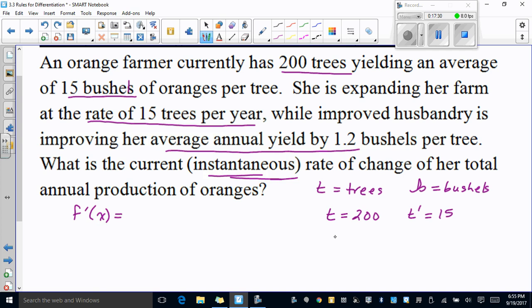And then our bushels, we're right now getting 15 bushels, and B prime is 1.2. And now what we can do is actually write up this information, because what we have is T prime B plus B prime T. Or in this case, 15 times 15 plus 200 times 1.2.